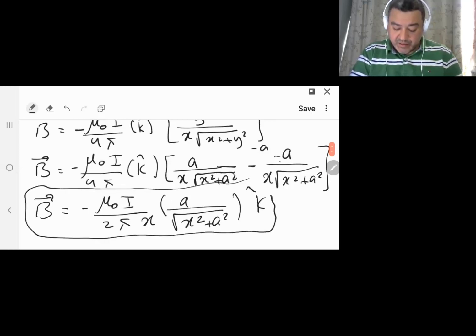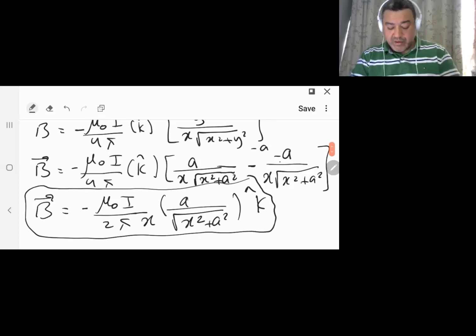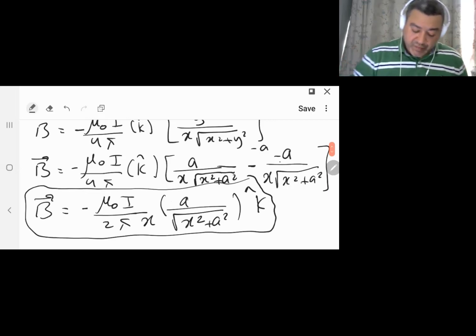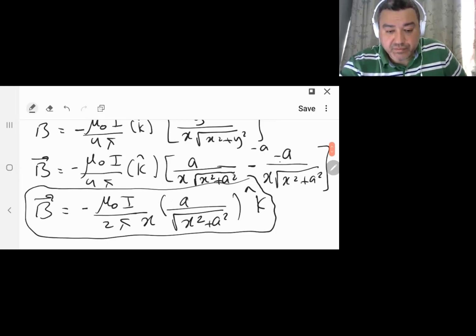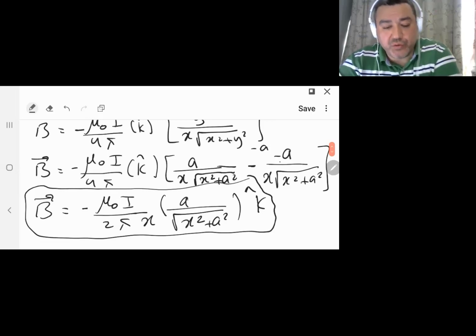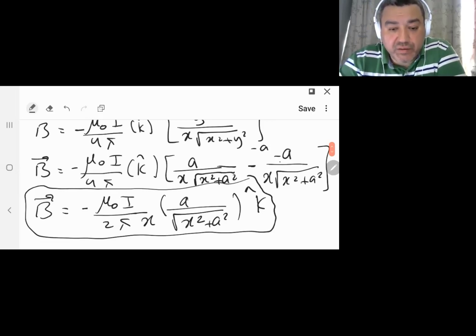And this is the magnetic field due to a finite wire. I am integrating from minus a to positive a, which is 2a.